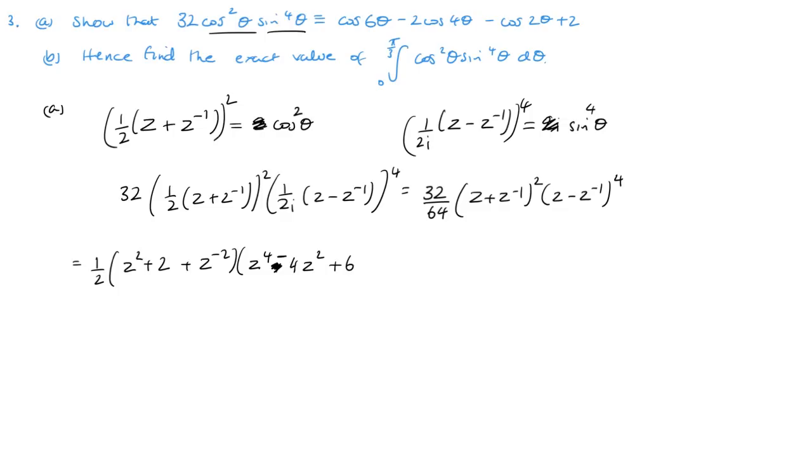Plus, now we've got 6, and that's z squared times a negative z to the minus 1 squared, so that's just going to be 6, plus 4 times z times minus 1 over z cubed, which is z to the minus 2 and negative.